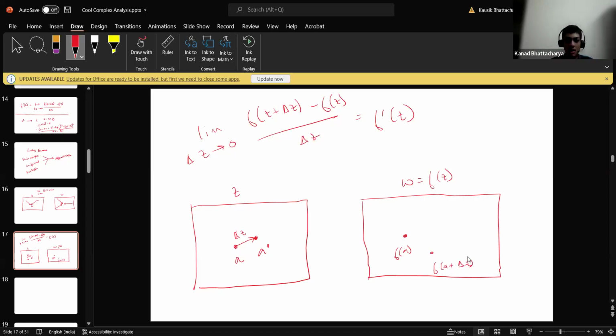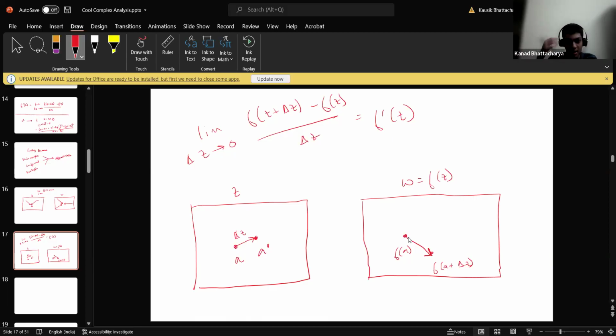Now look at the displacement vector. I'm borrowing this concept from physics. It's not too difficult. Just look at the arrow which is representing the change as we shift the place at which we are currently. So as we move from a to a dash, we're looking at what happens to f of z, basically. So f of a goes to f of a plus delta z.